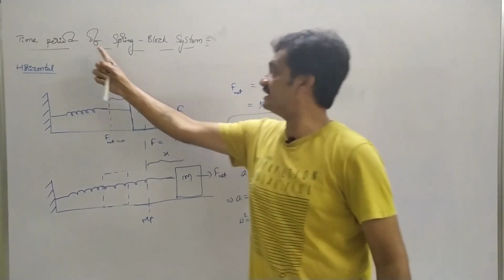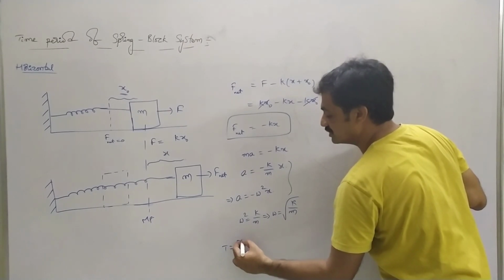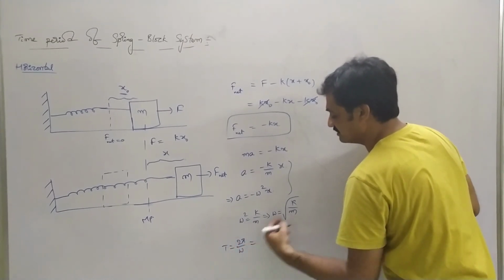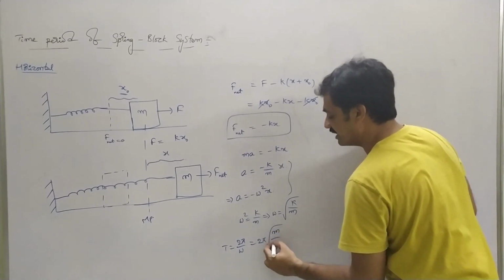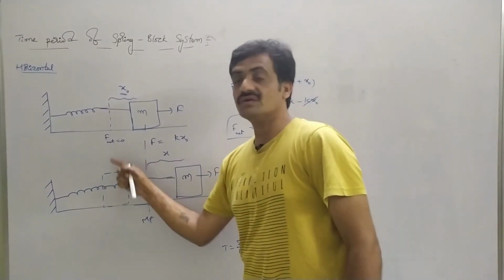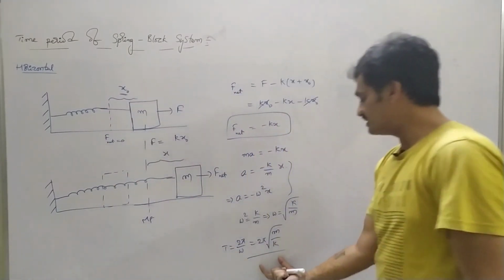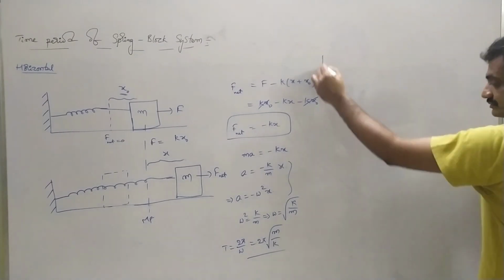Now we have to represent the time period. The time period is given as T is equals to 2 pi by omega. As we substitute this value, we have 2 pi into under root of m by k. So when the spring is oscillating along the horizontal position, the time period is T is equals to 2 pi into under root of m by k.